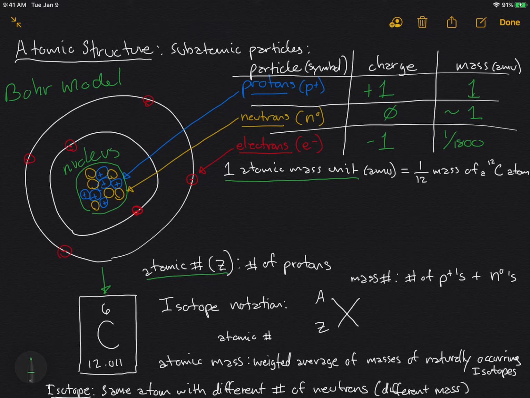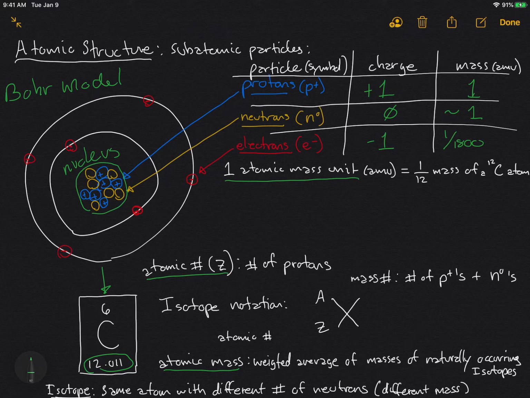So since carbon has 6 protons, any element that has 6 protons is a carbon atom. This number at the bottom is something else. That is the atomic mass. It's actually the weighted average of the masses of all naturally occurring isotopes.